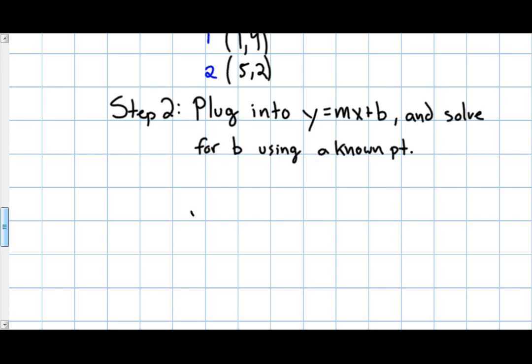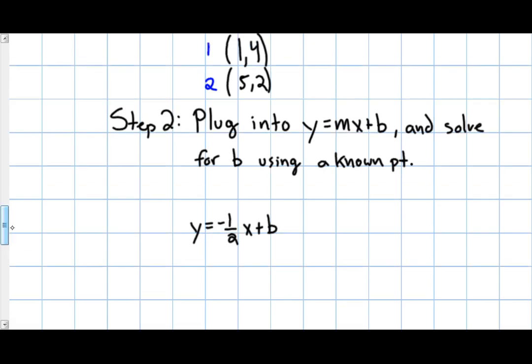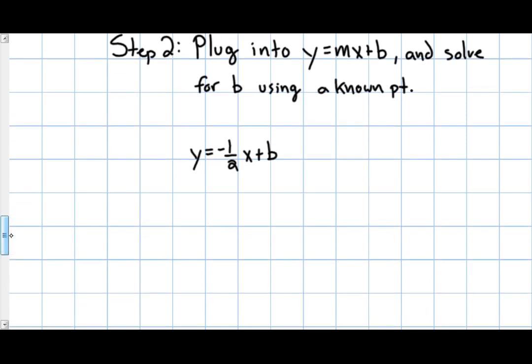Okay, so we get to pick our points. So let's see, what do we know so far? We know y equals negative 1/2 x plus b, and I have 2 points to choose from, 1, 4 or 5, 2. How about I use 1, 4, just because it's got a 1 in it, so maybe the math will make it nice and easy. So 1, 4 is the point that I'm going to plug in.